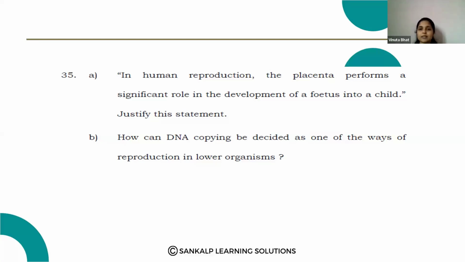So we can say that the placenta performs a significant role in the development of the fetus into a child. That is one of the important points. How can DNA copying be described as one of the ways of reproduction in lower organisms? Please note down the question.